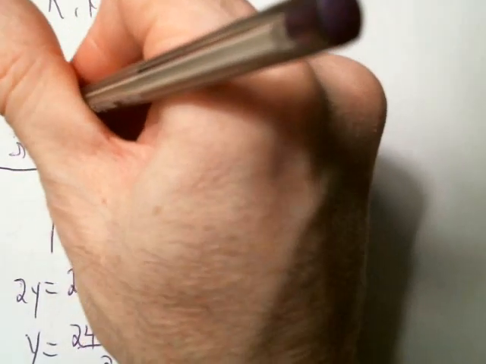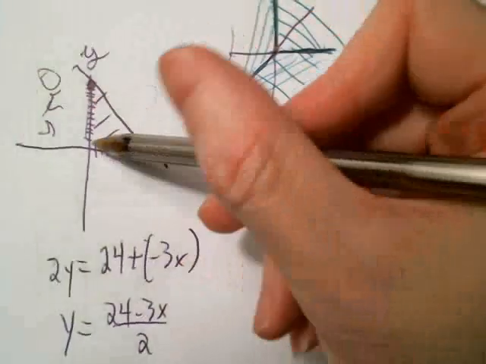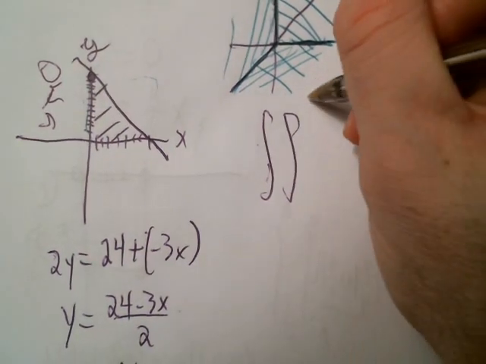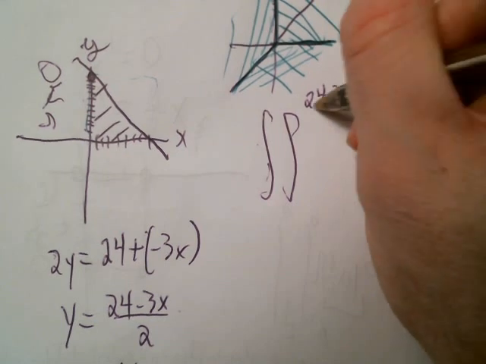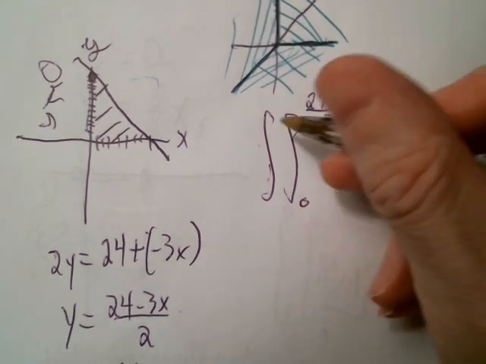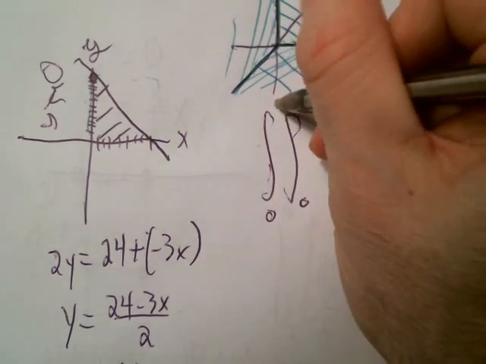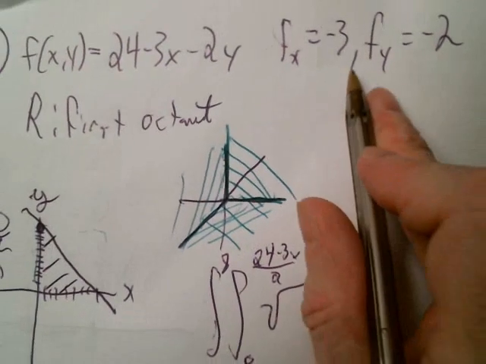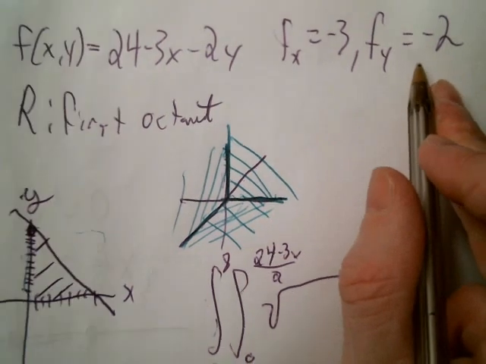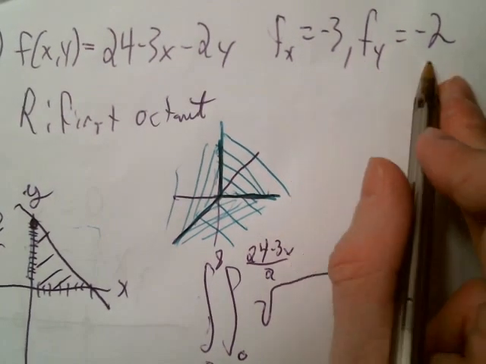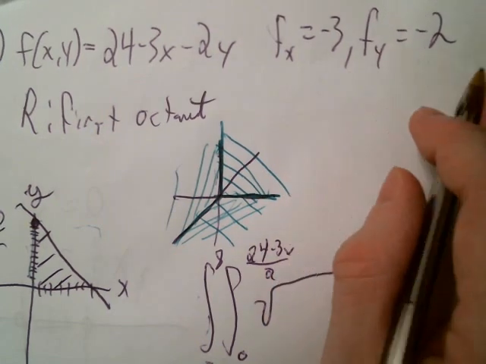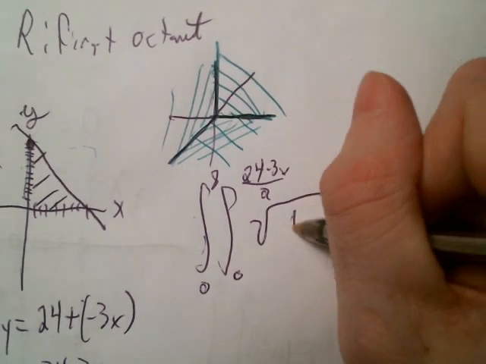So if your Riemann-man is going in this direction, he's going from y equals 0 to y equals (24 minus 3x) over 2, and then x runs from 0 to 8. On the inside of the integral, it's the square root of this squared plus 1. So 3 squared is 9, plus 2 squared is 4, plus 1. 9 plus 4 plus 1 is 15.